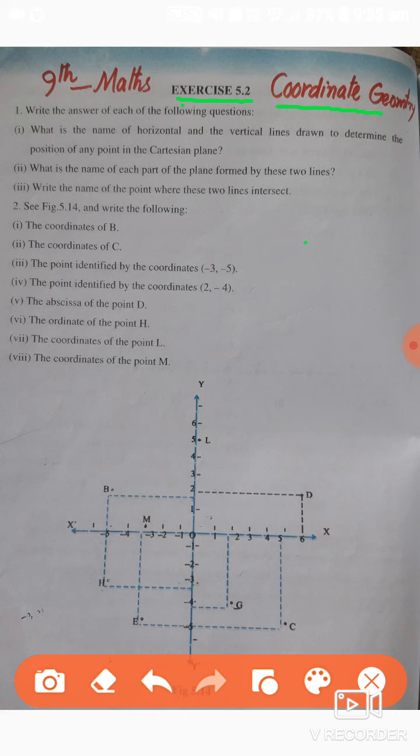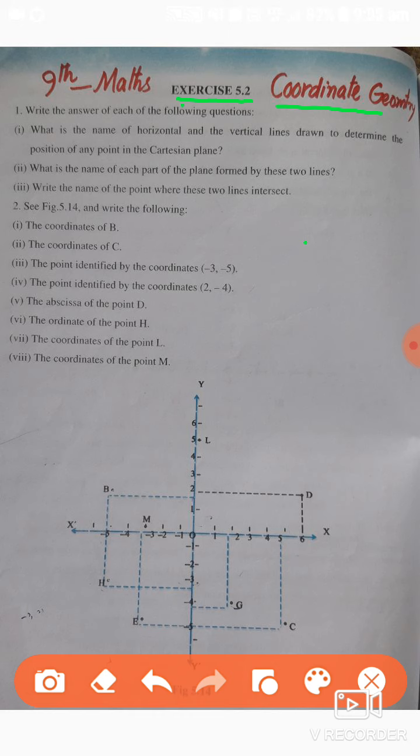So after knowing all these concepts, we should be able to answer the questions based on the concepts we learned.